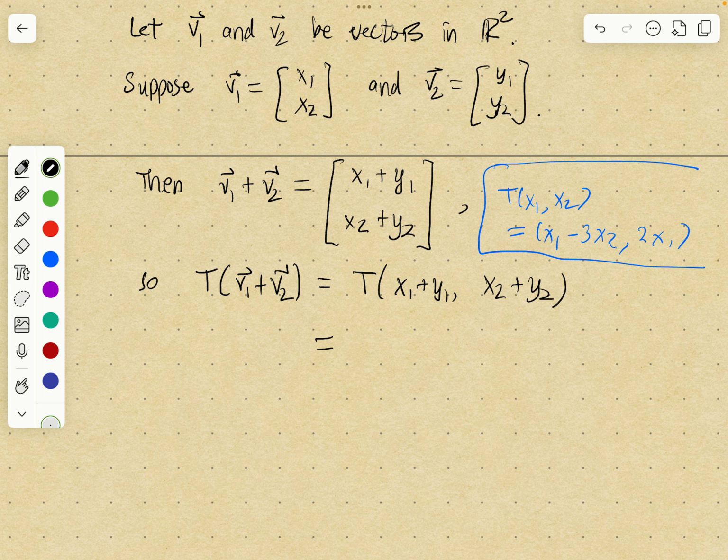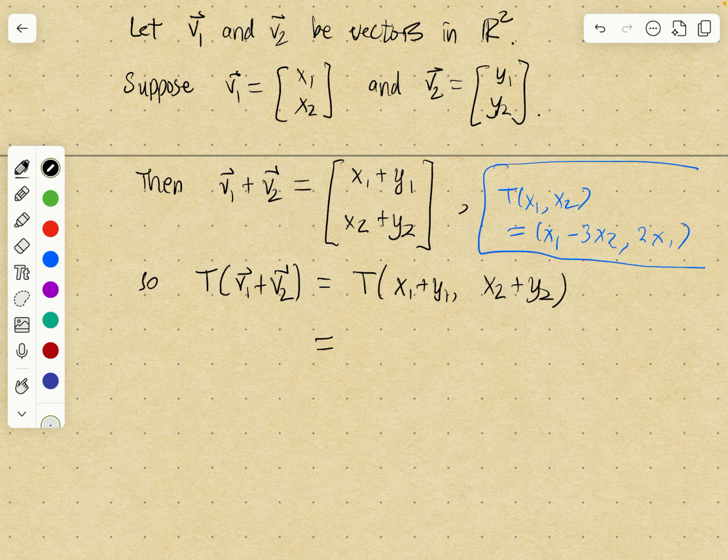Well, in this case, my inputs are x1 plus y1, comma x2 plus y2. Those are my components of the input vector. So the x1 and x2 in this formula, this one is the x1 and that one's the x2. I'm using different symbols for the x1 and x2.